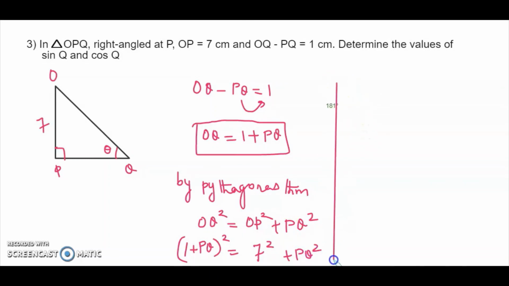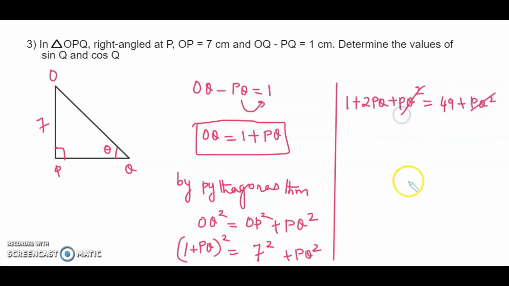So let's start opening the bracket by A plus B whole square. So 1 square plus 2AB, 2 into 1 into PQ, so 2PQ plus PQ square equals to 7 square is 49 plus PQ square.